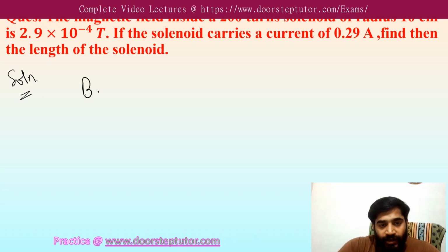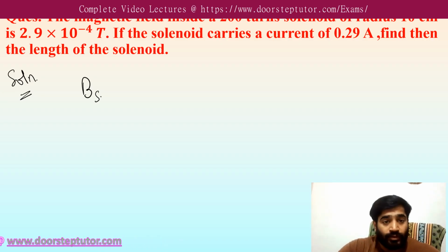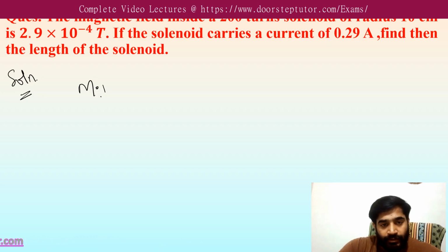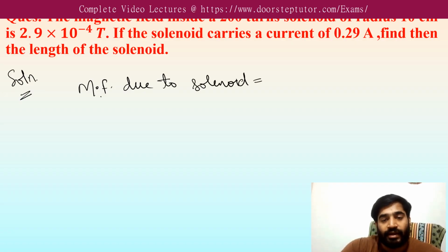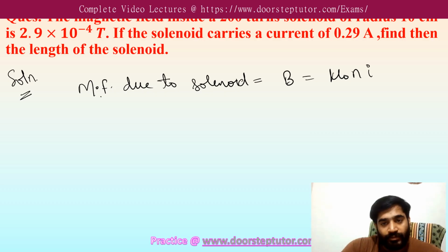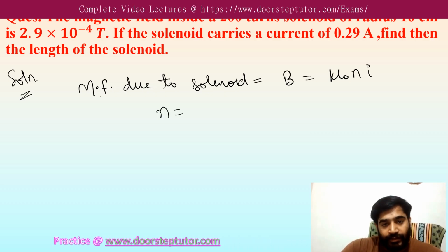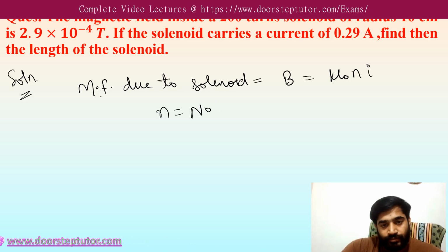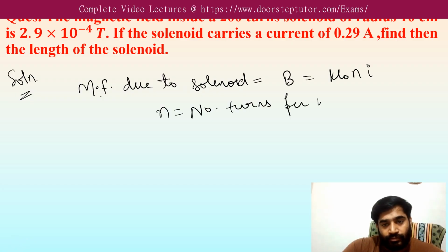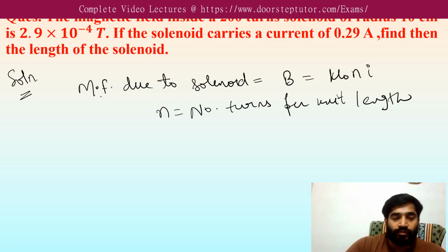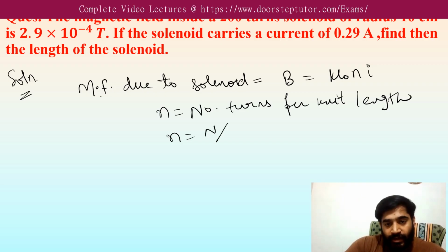The magnetic field due to a solenoid, inside, is given by B equals mu naught n I. Here small n is the number of turns per unit length, so n equals N by L.